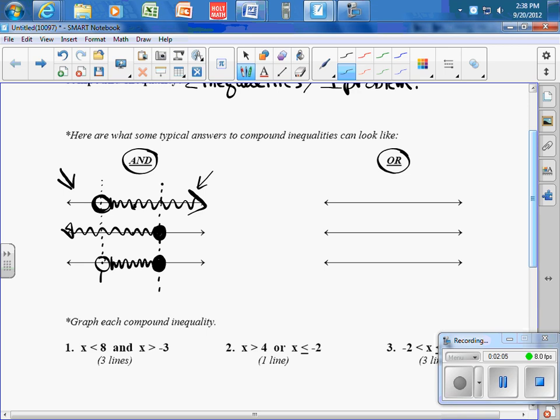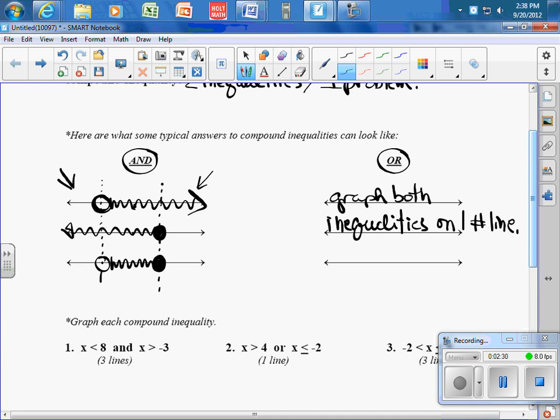For a compound or, all you need to think about is to graph both inequalities on one number line.